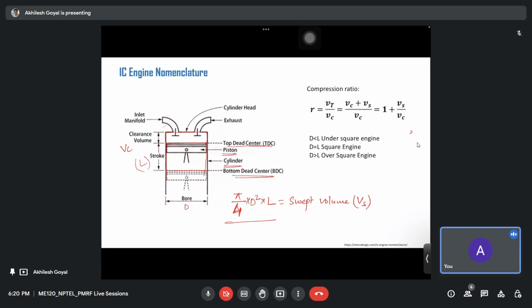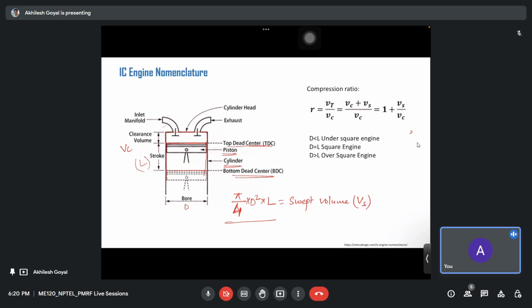One more thing here is the compression ratio. During the compression stroke, when the piston is at the bottom dead center, the whole cylinder is filled with air or air-fuel mixture for CI and SI engines respectively. During the compression stroke, the piston goes from bottom dead center to top dead center.